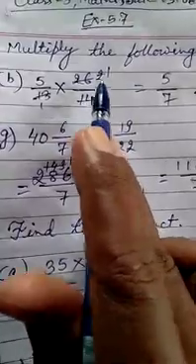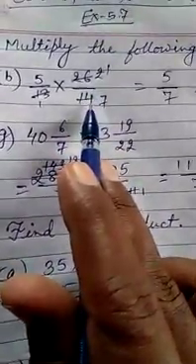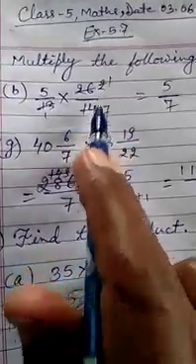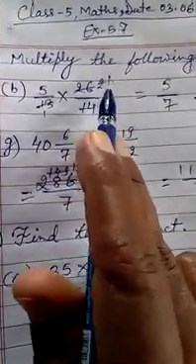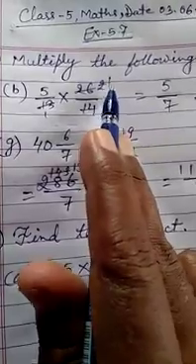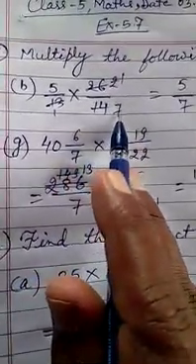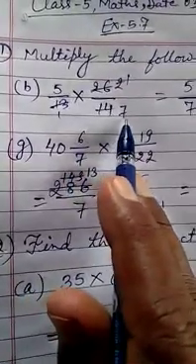Now you see 2 in the numerator and 14 in the denominator, and both have common factor 2. So you can divide these by 2. 2 divided by 2 is 1, you cut 2 and write 1 here, and 14 divided by 2 is 7, cut 14 and write 7 here.